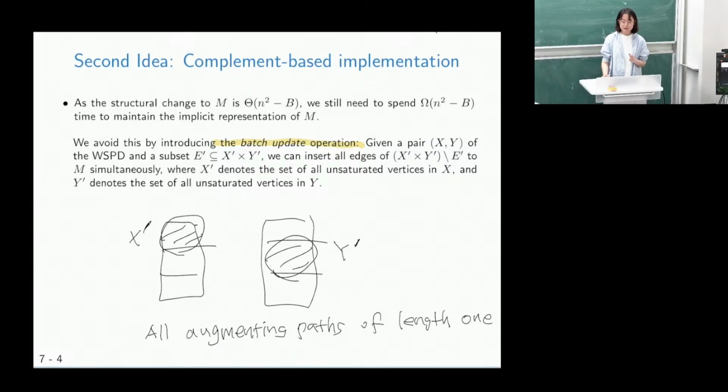At the beginning of each scale, our goal is to find all augmenting paths in the eligible graph, but we split this procedure into two parts. In the first part, we update all augmenting paths of length 1. Once it is done, in the second part, the total complexity of the remaining augmenting paths is order of B.